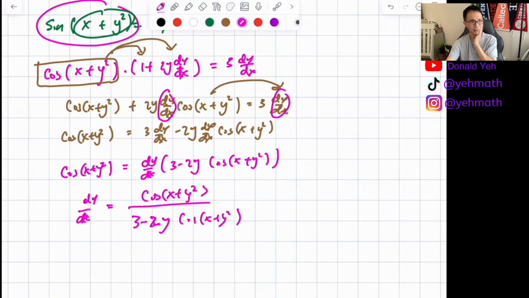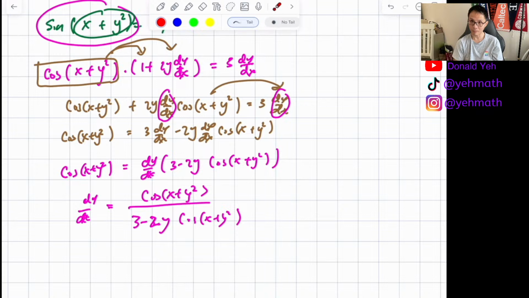Yeah, Mara. Can you explain how you got the cosine parentheses plus 2y dy dx in the second line? Are you talking about this part? How did you go from that part to the line below it? I distribute. I distribute the whole thing.